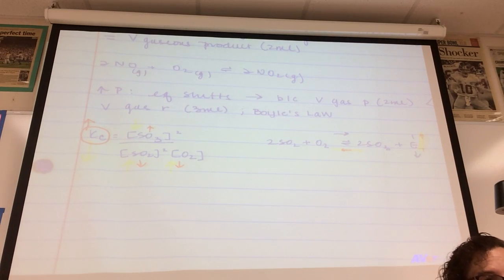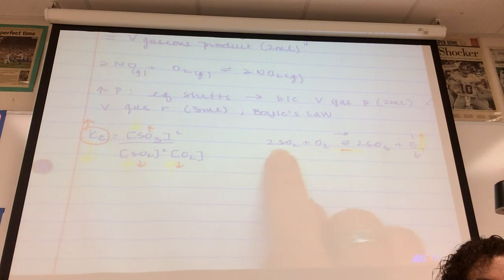The only factor that alters the value of Kc is temperature. All right? The question also says, in which direction will a net reaction occur if the pressure is increased?